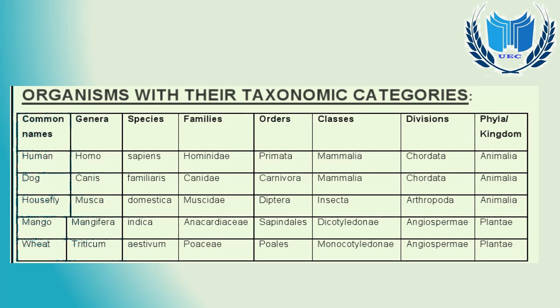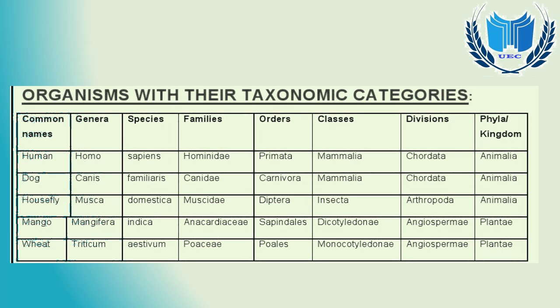Now to understand better, I am giving you some examples in which a few animals and plants are explained, wherein you will come across their common names, then genus, species, family, order, class, division, and finally the phylum, or we can say the kingdom.